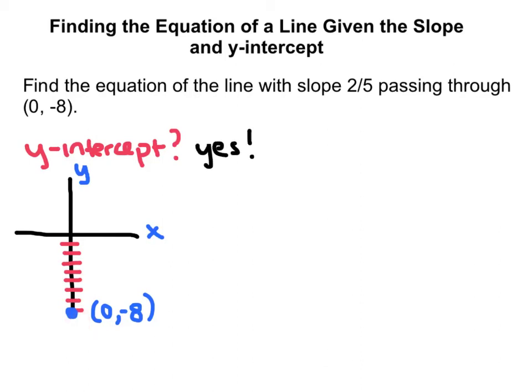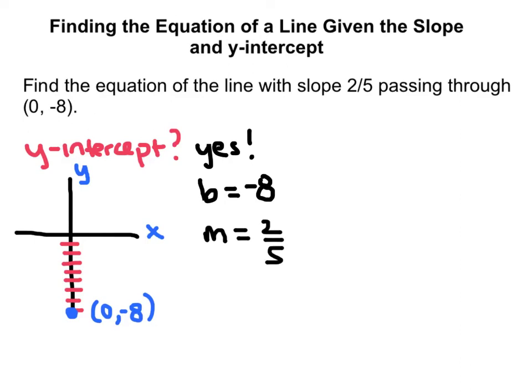So that would imply that our b is equal to -8. We also want to look at if the slope is given, and it is. The slope is 2/5, so that means that m is 2/5.